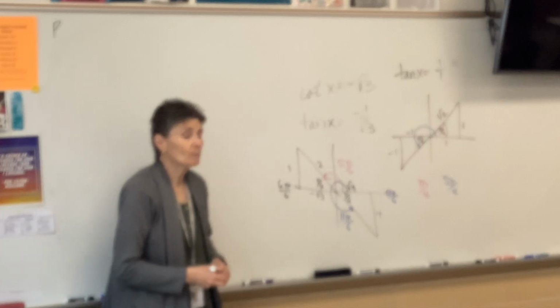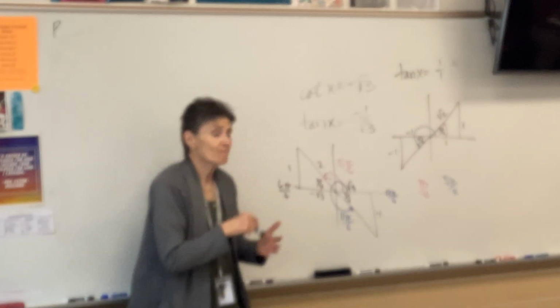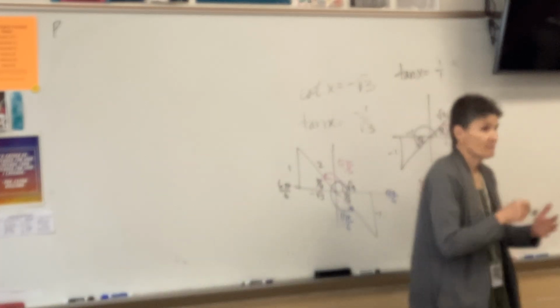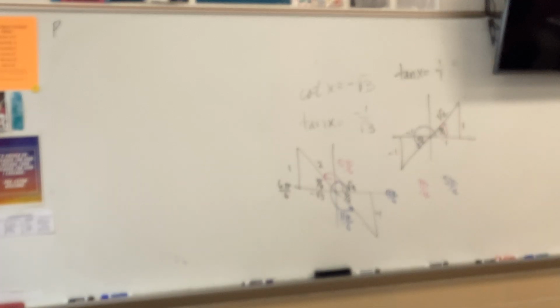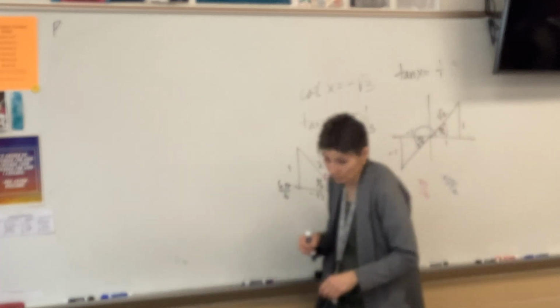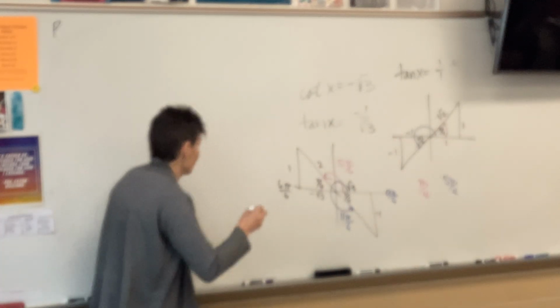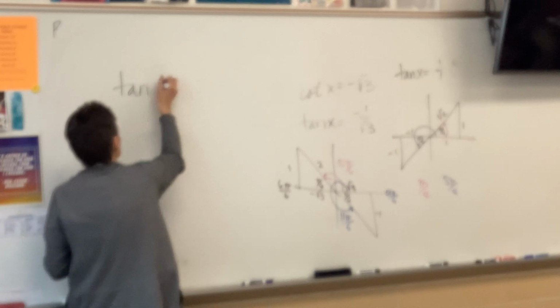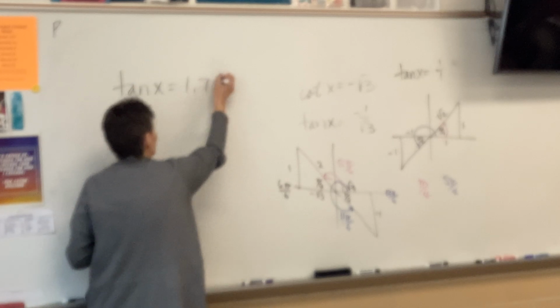If I'm doing it without a calculator, every angle is going to be 30, 60, or 45, or in radians, pi over 6, pi over 3, pi over 4. Every time, if I don't have a calculator. Now, if I have a calculator, it doesn't really change how I do it. The tangent is 1.75.